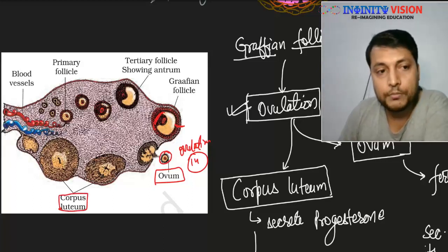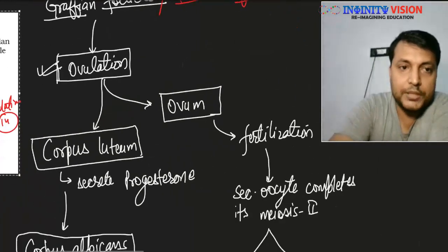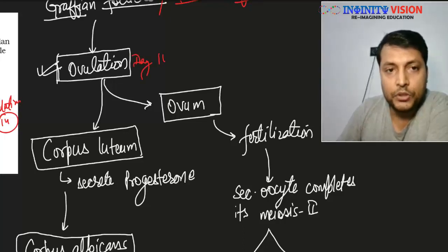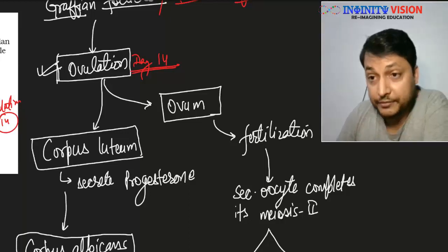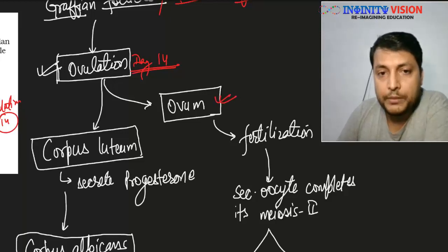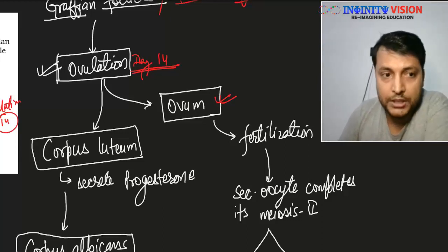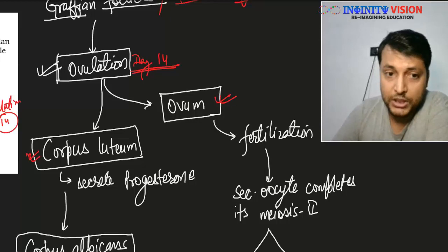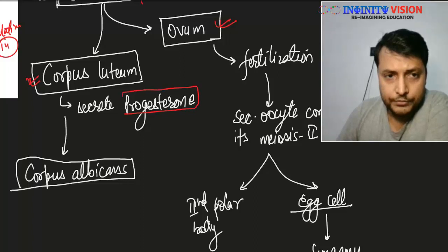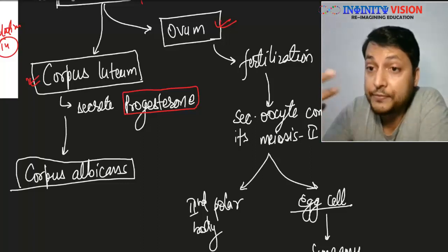So from the ovarian follicle, ovulation will occur at day 14, which is an average number, and as a result of ovulation the ovum will be released. But the remaining cells of this Graafian follicle will become the corpus luteum. Now the cells of this corpus luteum are going to secrete progesterone, a type of female sex hormone which is responsible for maintenance of pregnancy.